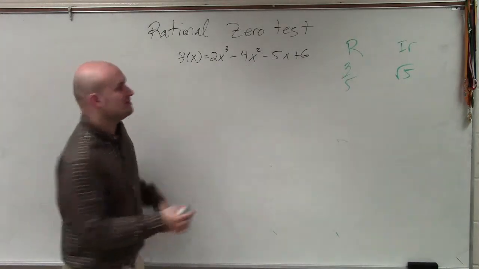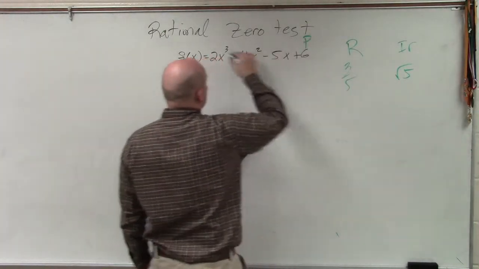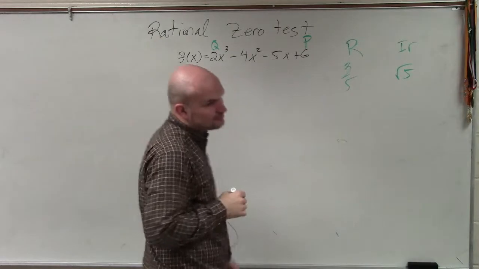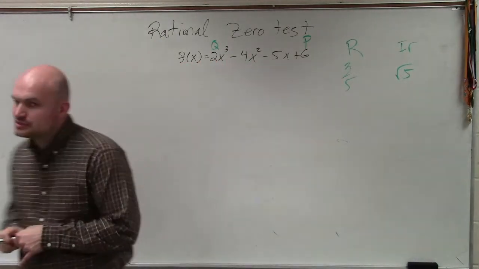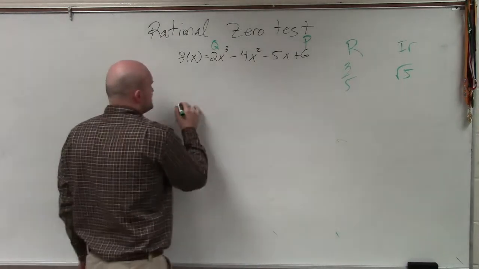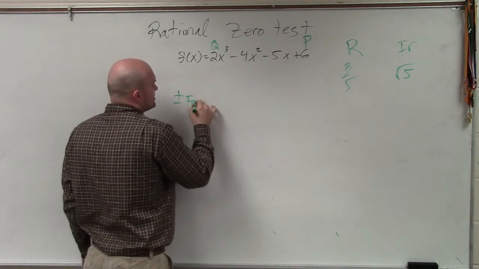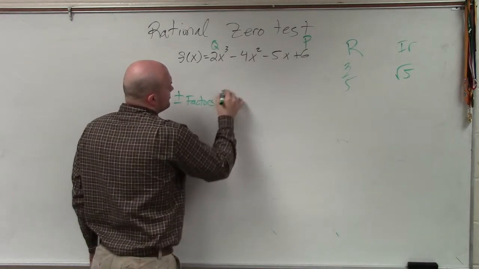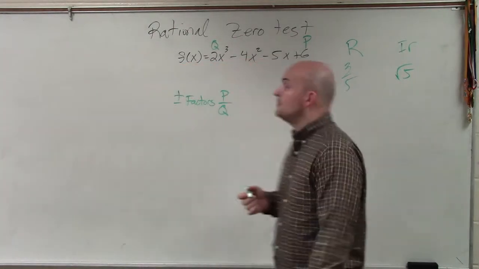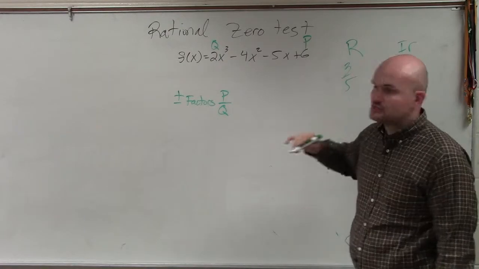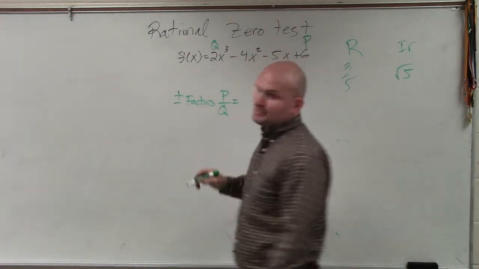So what we're going to do is basically, you guys label P and Q. P is your constant, and Q is your coefficient. And then all we're going to do is take plus or minus the factors of P over Q. So now we need to look at this and say, all right, what are the factors of 6, which is my P?